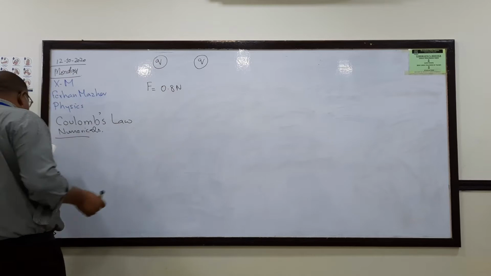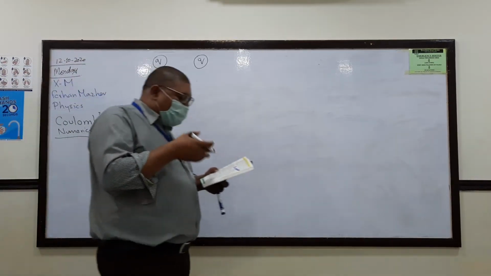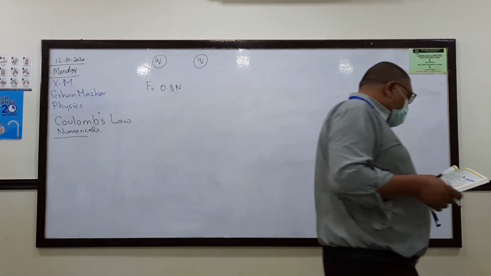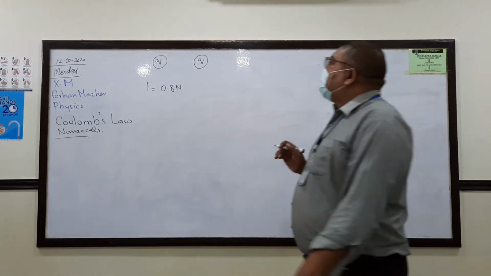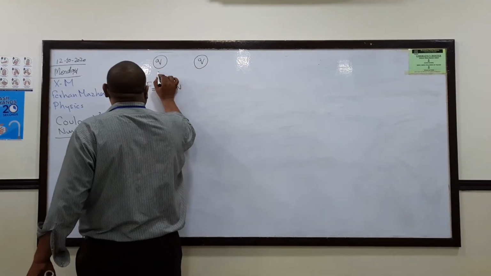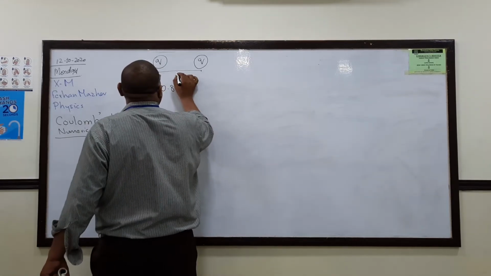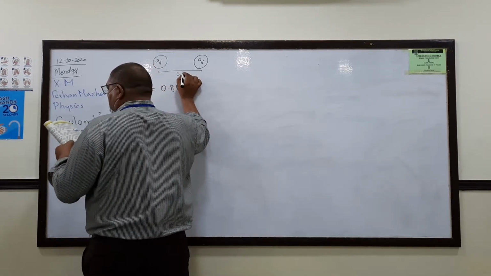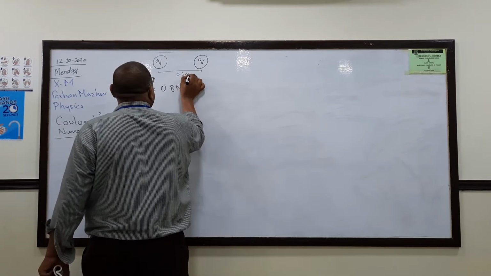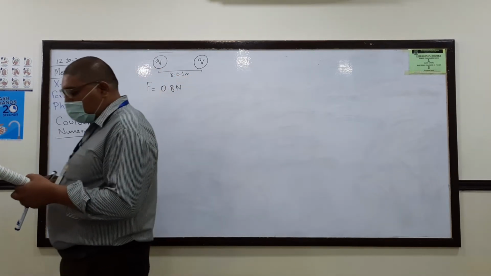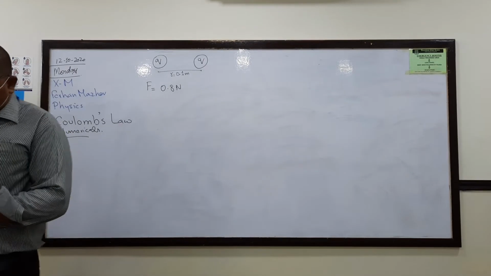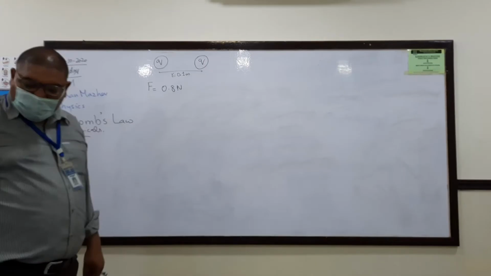When the charges are 0.1 meter apart, the distance between the centers of these two charges is 0.1 meter. Find the value of each charge.